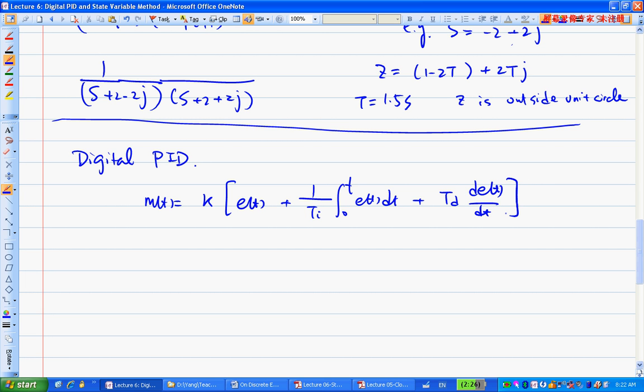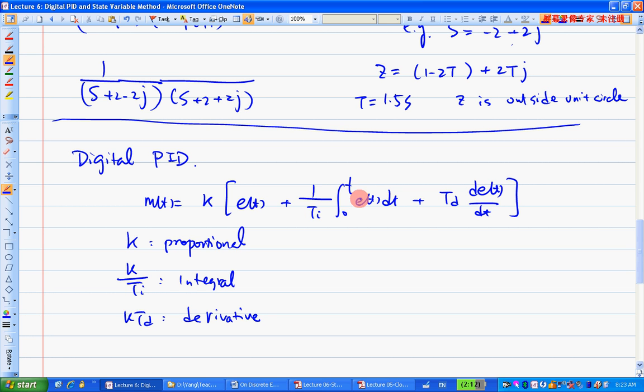That's PID, right? This e of t multiplied by k, so k is proportional. Then this k over Ti is generally what we call integral, so Ti is the integral time. And this k Td is what we call the derivative. So this is a typical PID controller.